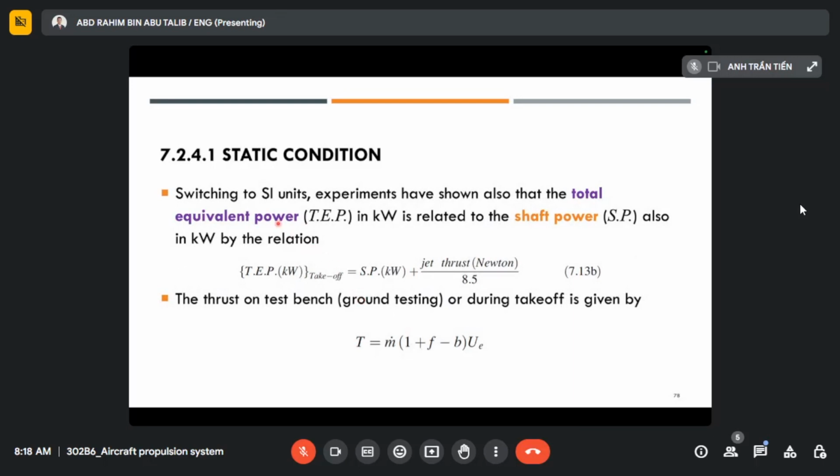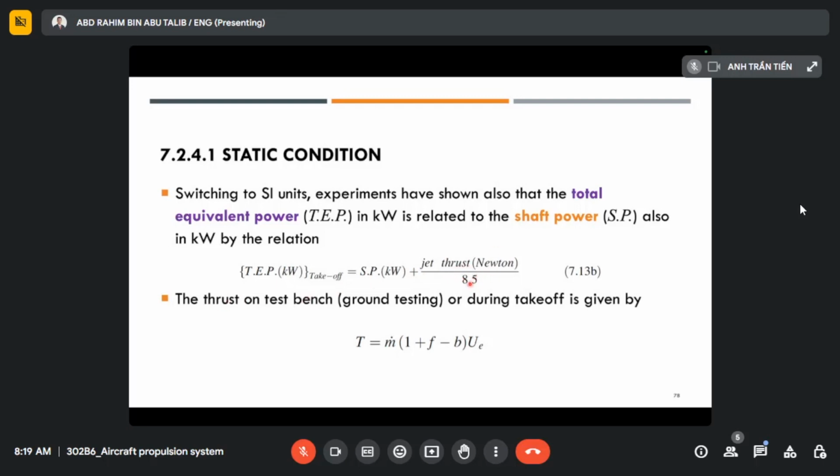If you would like to go into SI units, experiments have shown that the total equivalent power, TEP in kilowatts, is related to the shaft power, SP, which is also given in kilowatts, by expression 7.13B: the total equivalent power TEP in kilowatts at the takeoff condition is equal to the shaft power in kilowatts plus the jet thrust in Newtons over 8.5.